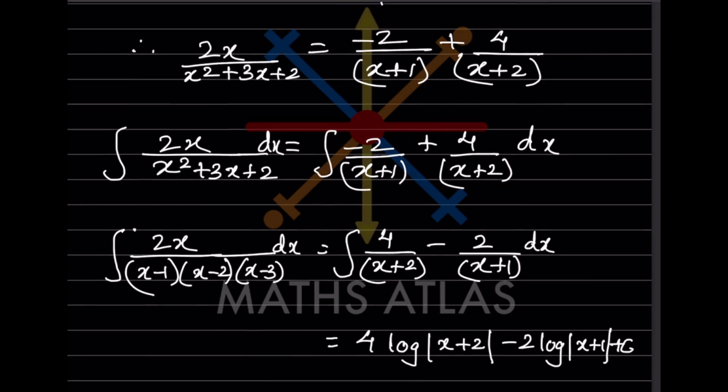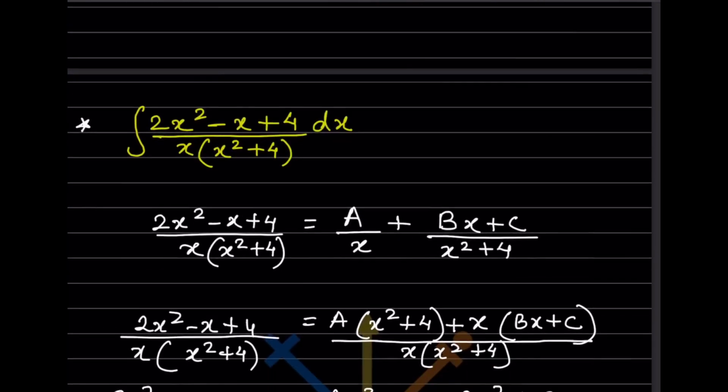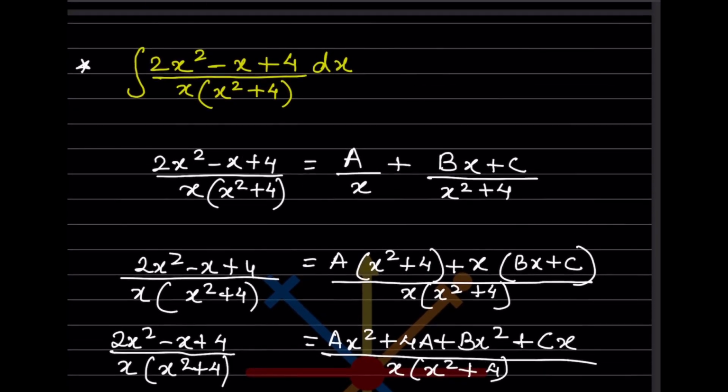Now this is the constant one, so that will go out of the log. The integration of 1 by x plus 2 will be log of x plus 2. And this also is a constant, that will go out of the log. So 1 by x plus 1 will be log of x plus 1, plus c. So now let us see the next one.